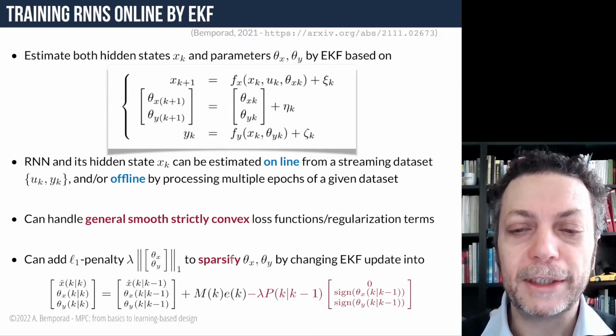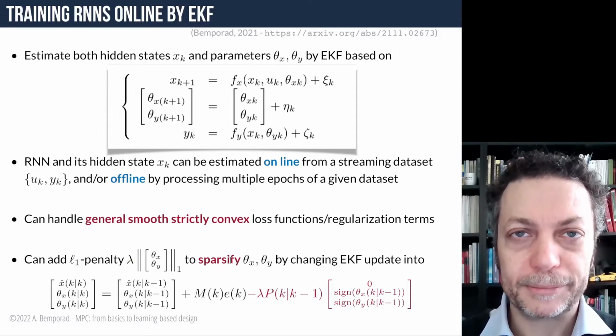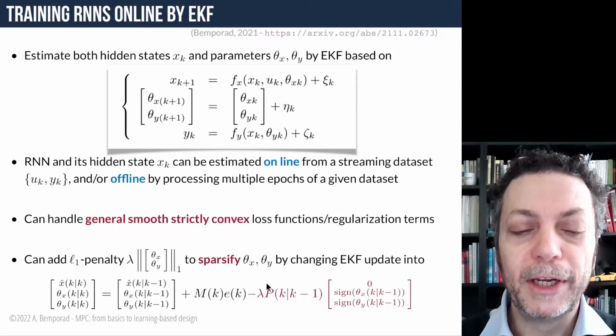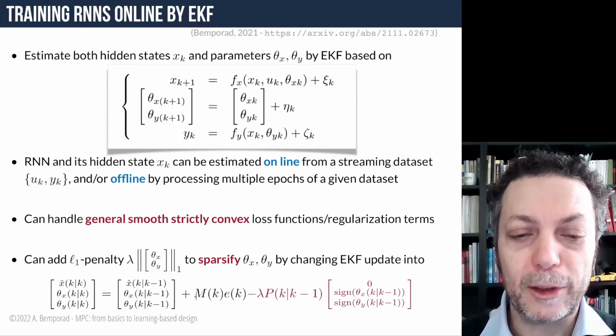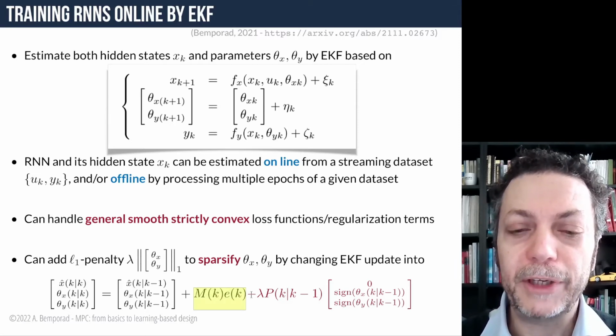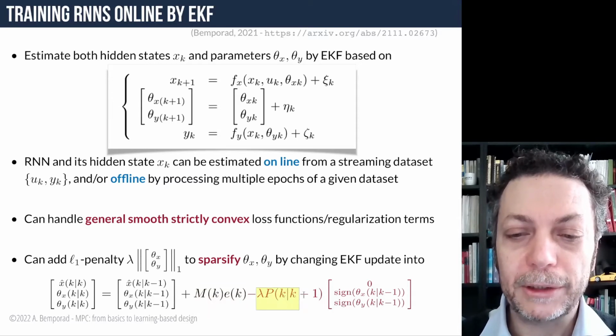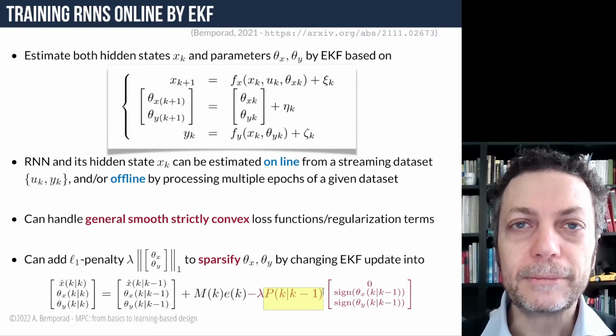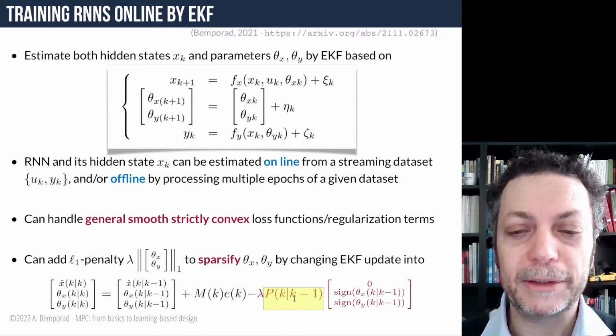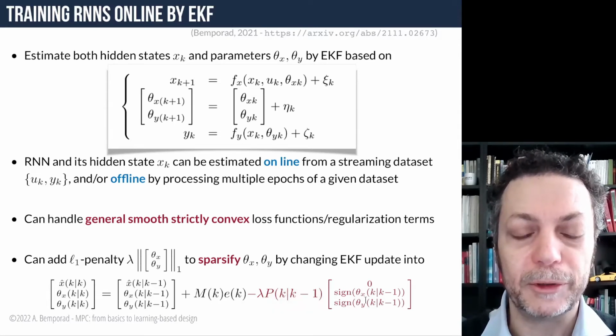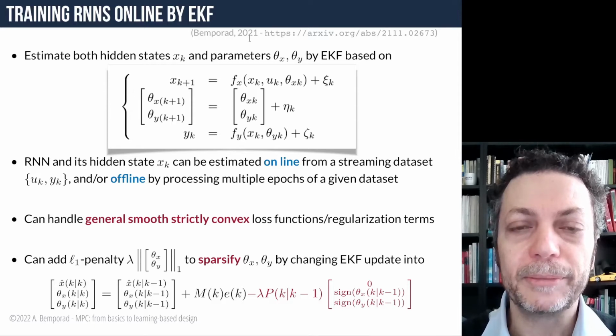You can show that this can be handled by the extended Kalman filter, and it turns out that the measurement update of the Kalman filter has an additional term, which is lambda times the state error covariance matrix P times a vector which contains the sign of the parameters of the model. This is shown in this paper I was mentioning before.